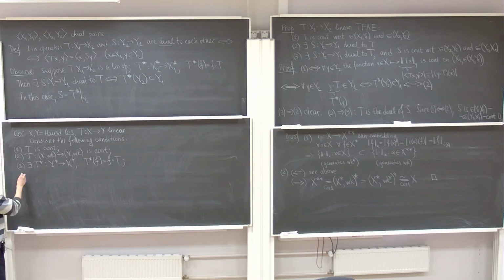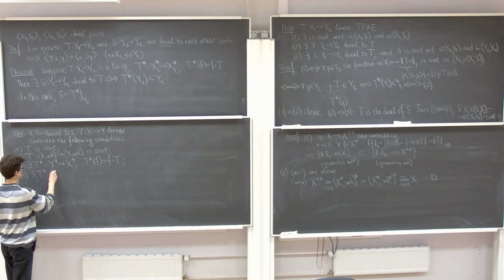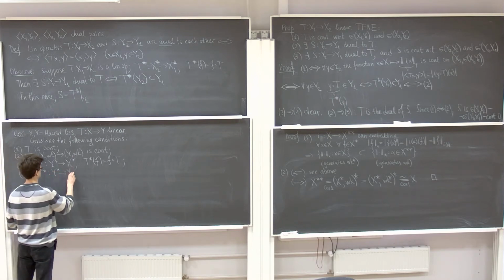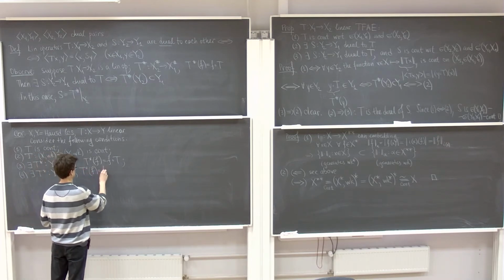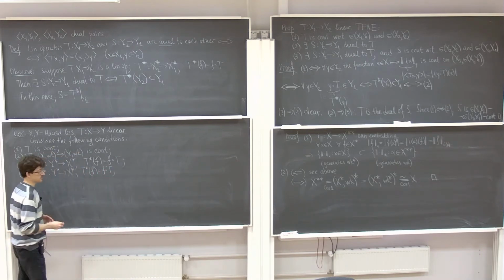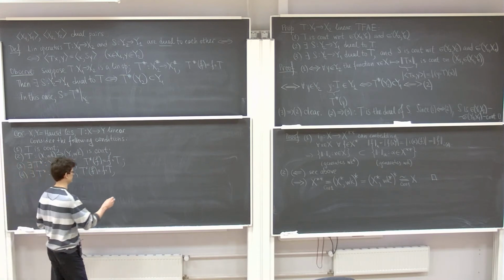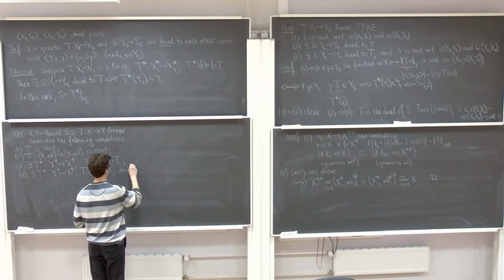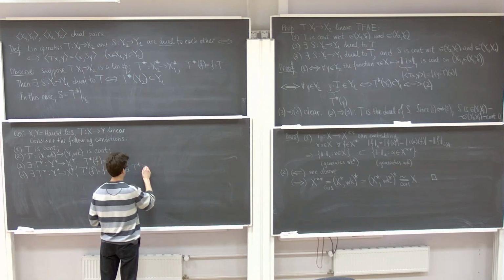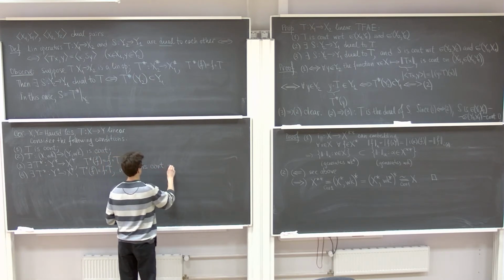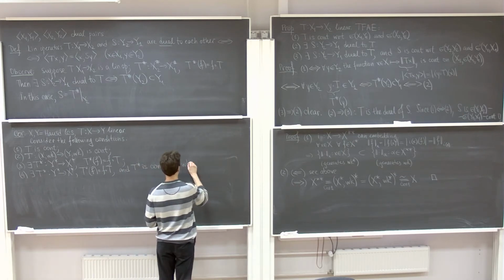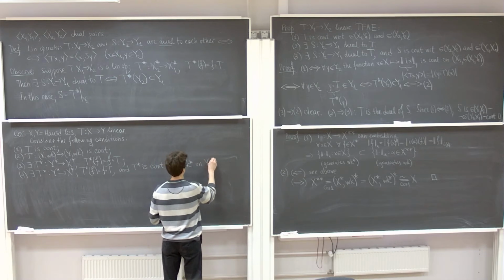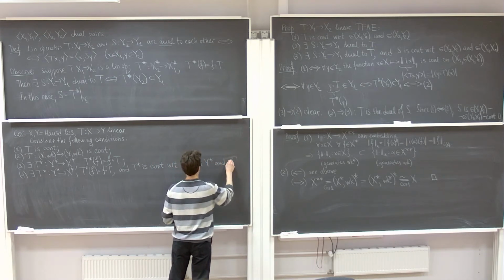And condition 4, there exists a dual operator T star, and this operator is continuous with respect to the weak star topologies on the respective spaces, Y star and X star.